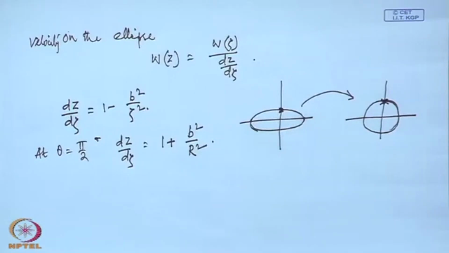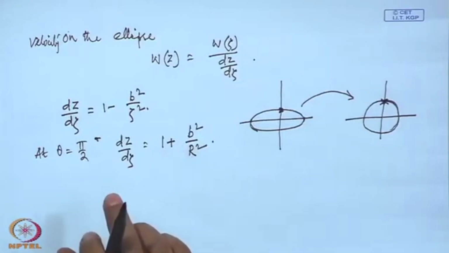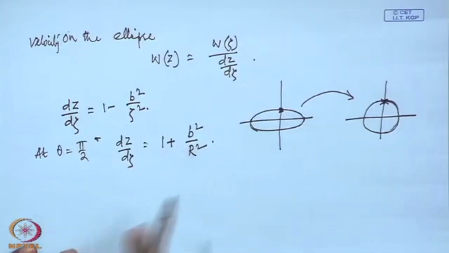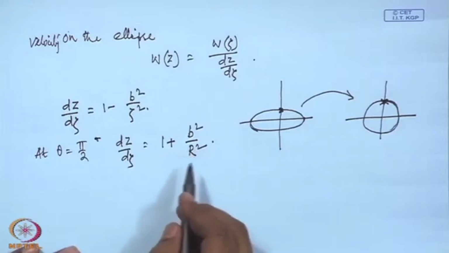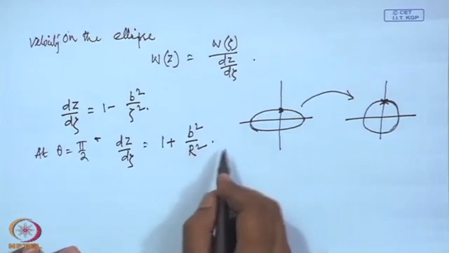So, that i square becomes minus 1. So, it has become plus. So, this becomes 1 plus 3 by 5, that is 8 by 5 equal to 1.6.